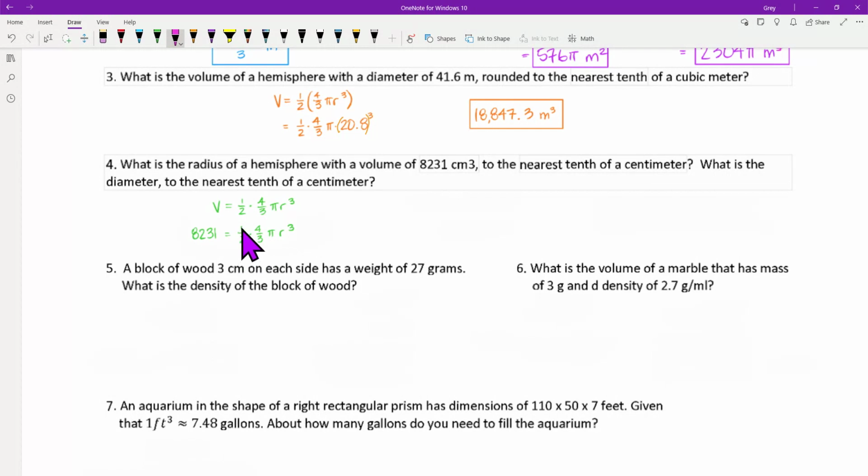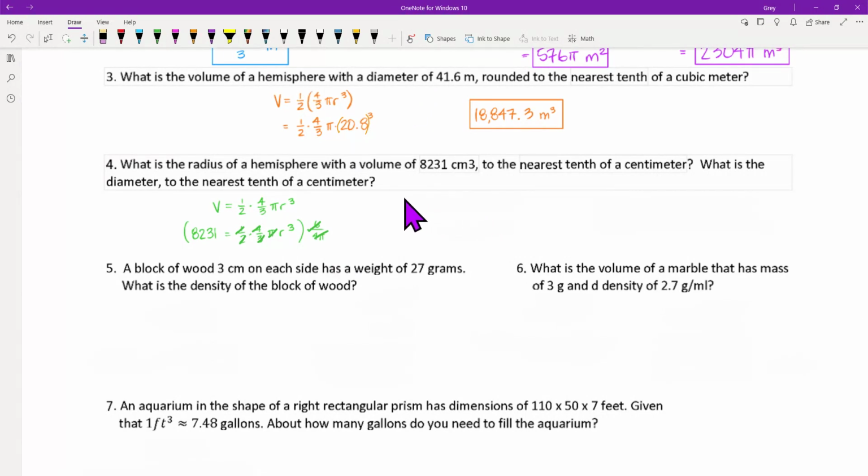So when I multiply by the reciprocal, it's like 4 pi over 6, and the reciprocal is going to be 6 over 4 pi. So I'm multiplying both sides. When I multiply the right side times 4/6 pi, this all cancels out. Then you've got 8,231 times 6 divided by 4 pi. And if you don't have the horizontal fraction part, you have to put parentheses around that 4 pi.